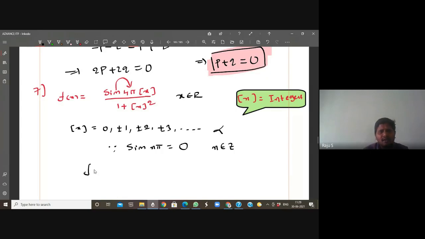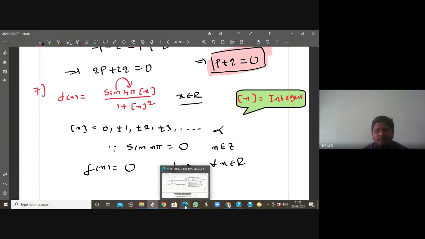So f of x is clearly 0. f of x is always 0 for every x belonging to R. Give any real number, finally the function becomes 0. Then what can we conclude here?